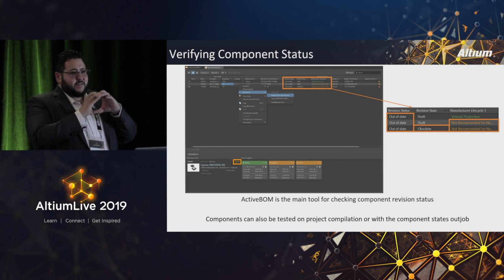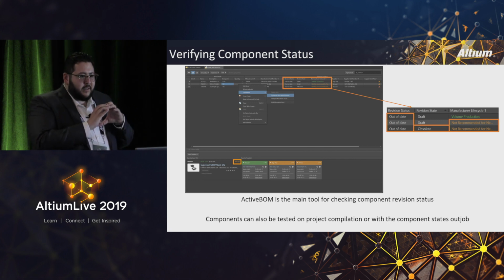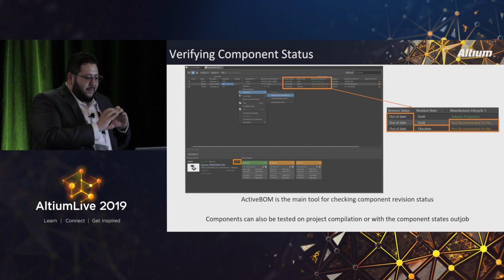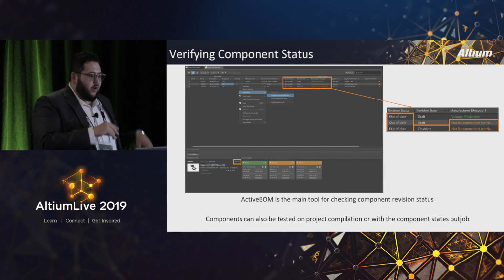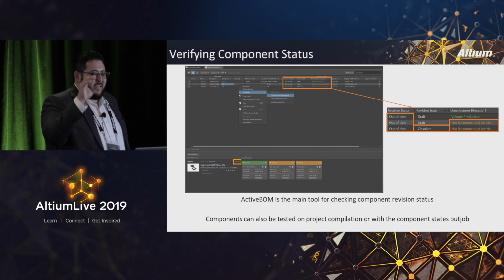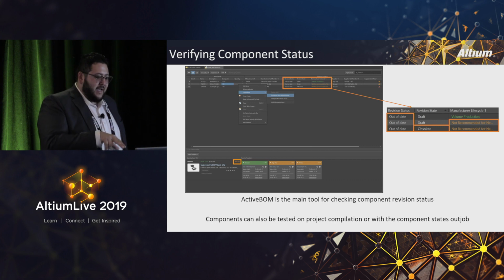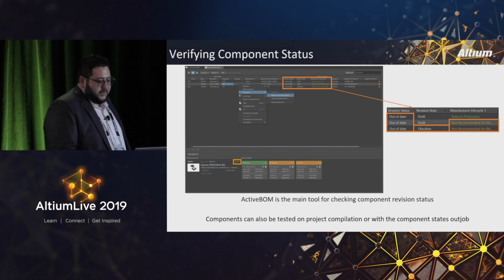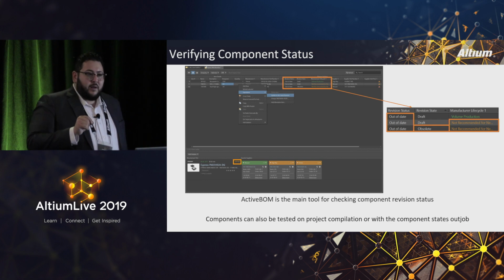If you see this little gemstone, that means it's a managed server type parameter, right? So just remember that. I'll just show it later, it'll be easier than trying to remember this little gemstone thing. But just add this revision status and revision state, and you can see if things are out of date. You can see if something's obsolete, perhaps, and make the replacement here in ActiveBOM.